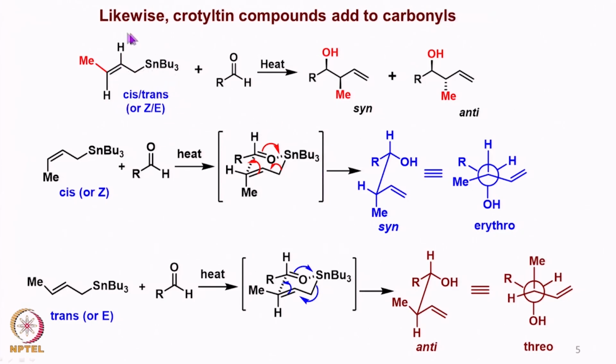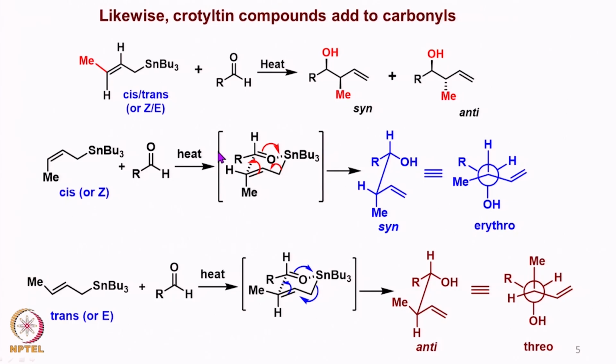For example, if we take a crotyl tin compound like this, which could have either a cis or trans double bond, that means Z or E double bond, and if we react with an aldehyde under heating conditions, then we can get either a syn product from the Z olefin or an anti product from the trans olefin.